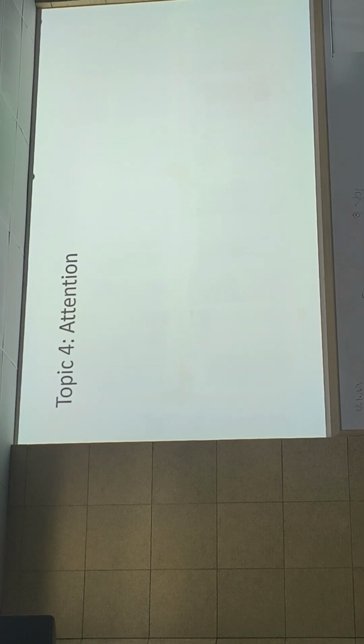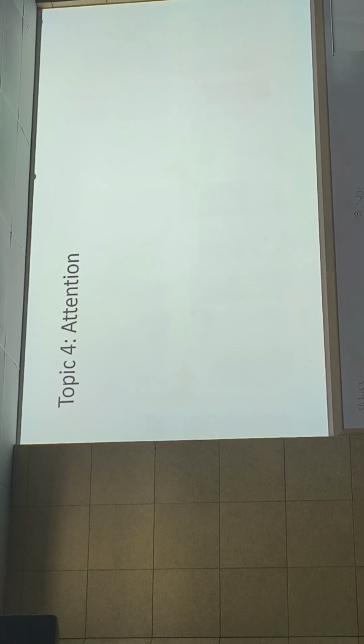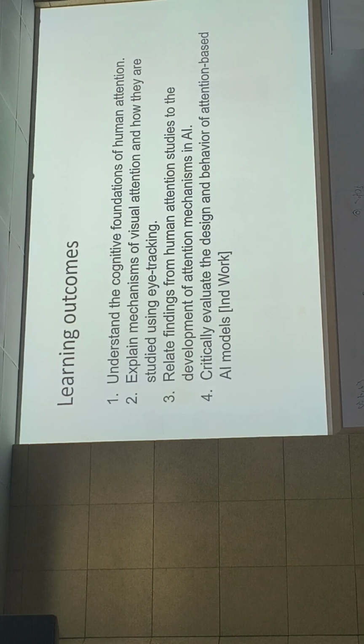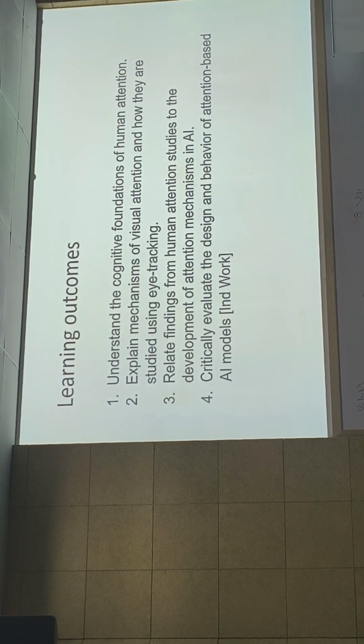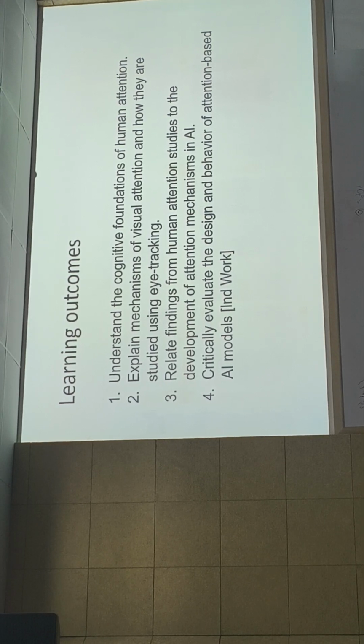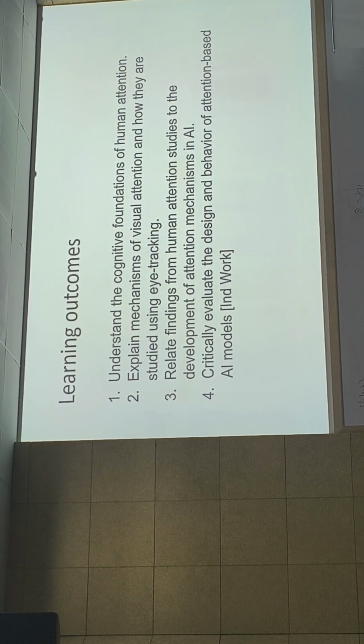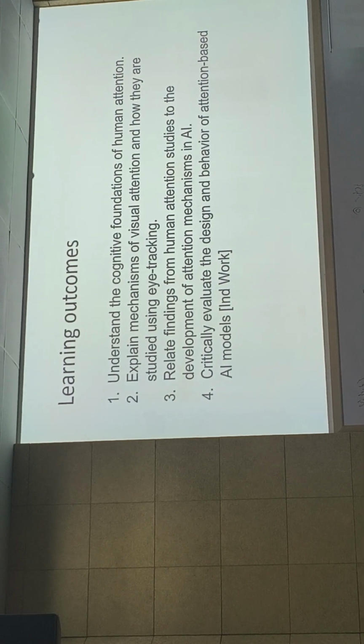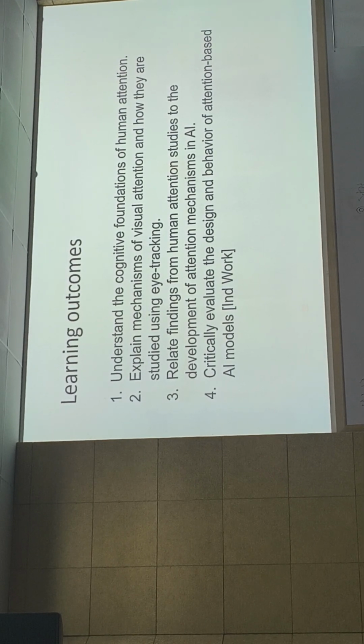So we went on to the fourth topic, which is attention. Some of the learning outcomes, or the things you're expected to know from this topic, are related to the foundations of how we understand things, and mainly visual attention or eye tracking.